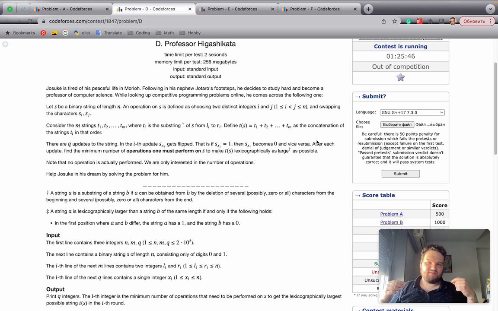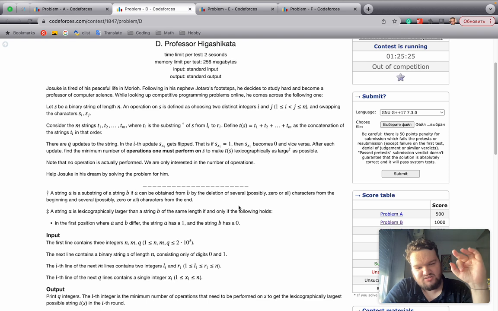And now we have to solve the other half of the problem. We have a string of zeros and ones. We have queries that flip one bit. And we need to say what is the minimum number of swaps we need to make that string lexicographically maximum.